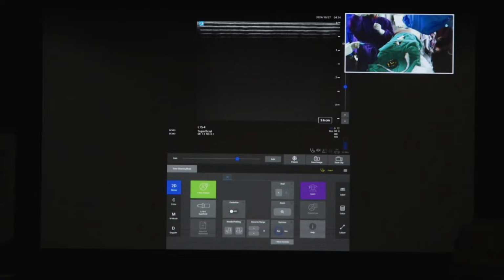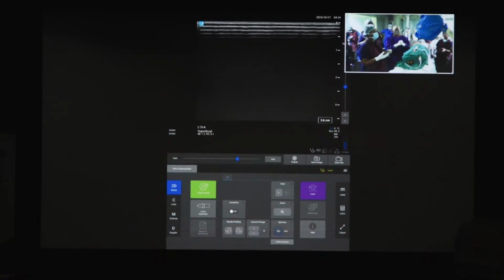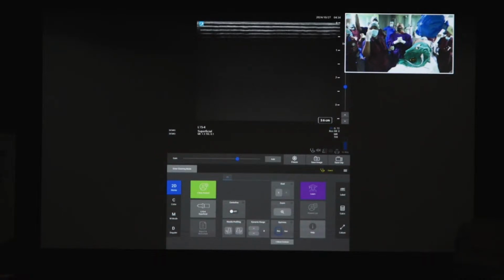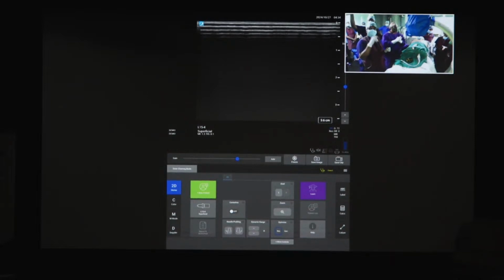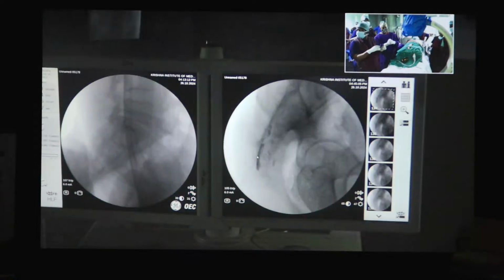Table height. So can you see the fluoro images now? No, we can't. Can we have the lateral images in fluoro and then the AP images? Yes, sir, we are dealing with it. In 1 minute we can see the fluoro images. Sure. I think the ultrasound has been removed, yeah, that is fine.